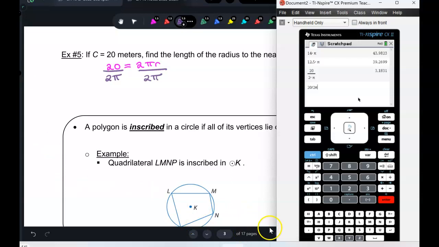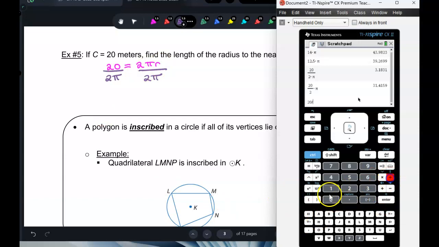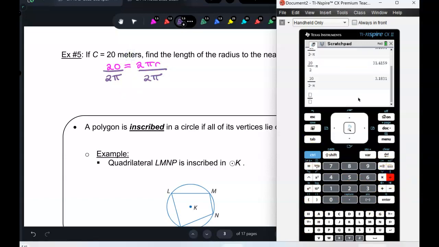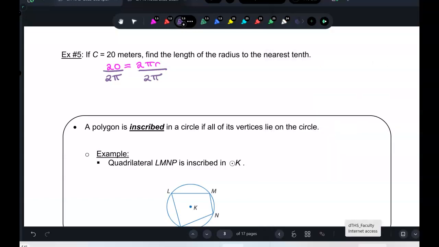So you can use control divide. You see those are two very different answers. Or you can do 20 and then put 2 pi in parentheses. I actually think it's much easier just to press control divide. Control divide just makes your fraction line for you. All right, so what was that? That was 3.2.